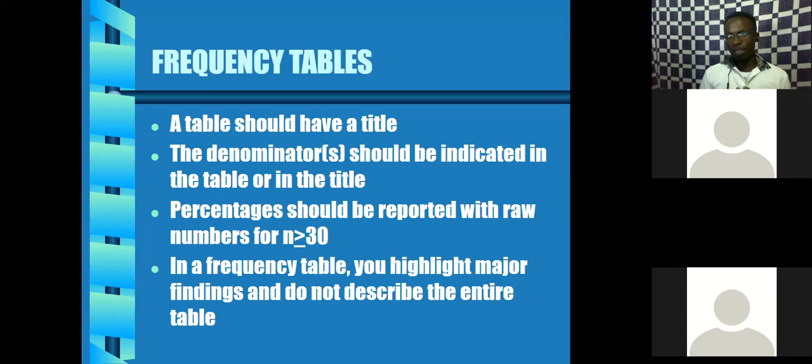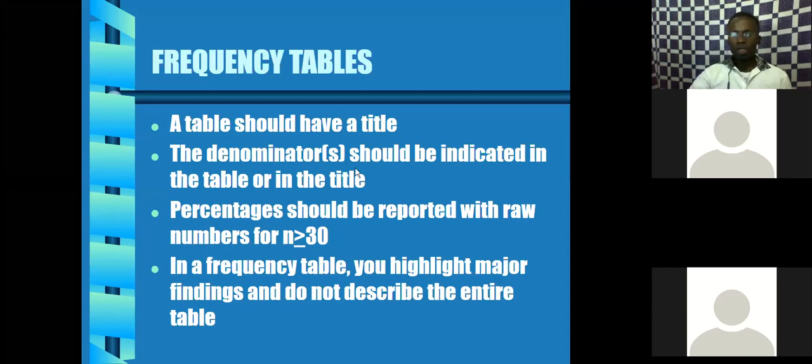So now remember there is the presentation part. So how do we present information? How do we present after analyzing? How do we want to present our information? So this is where that aspect comes in, where we look at frequency tables and other graphical presentation of data.